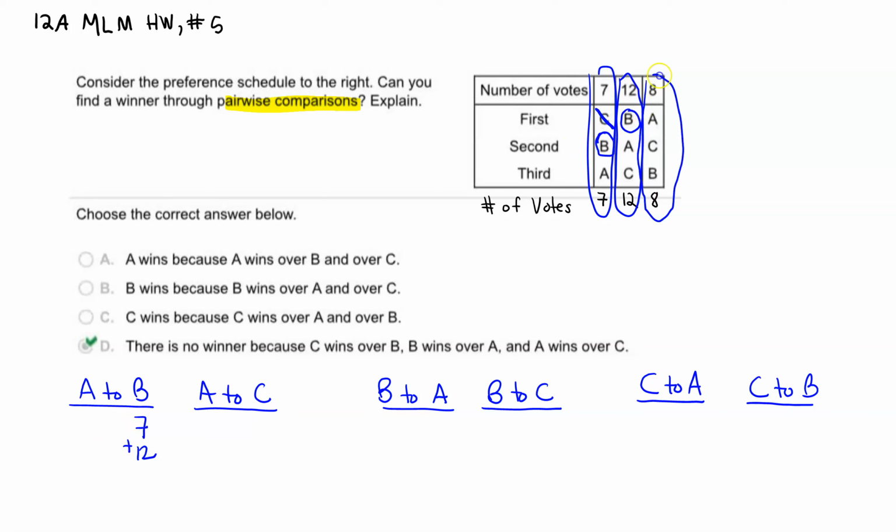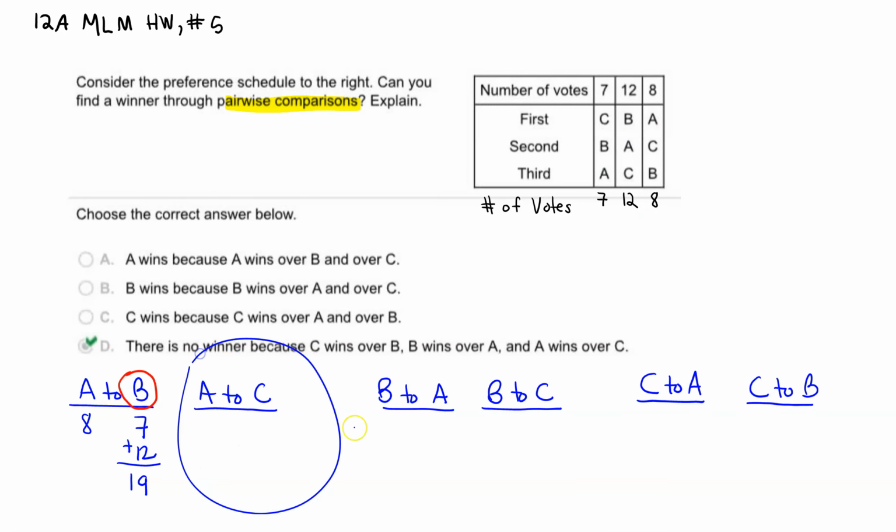And in the last column, A is ranked higher than B. So A is going to get those 8 votes. So in this pairing, A got a total of 8 votes. B got a total of 19 votes, so candidate B is the winner of that pairing because B got more votes than A.